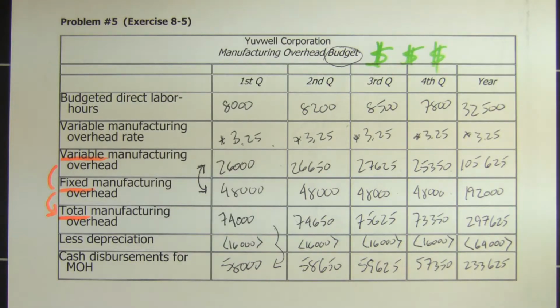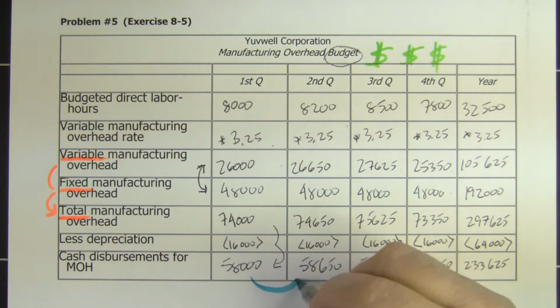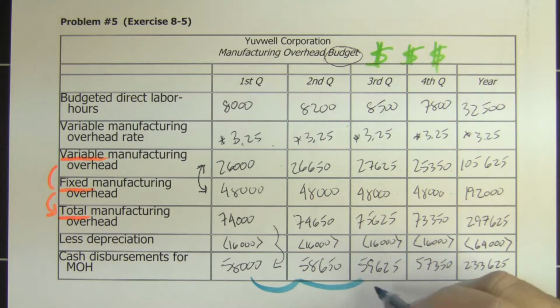And again, it's that belt and suspenders thing. I would also add across this plus this plus this plus this to see if it does equal that, and it does.